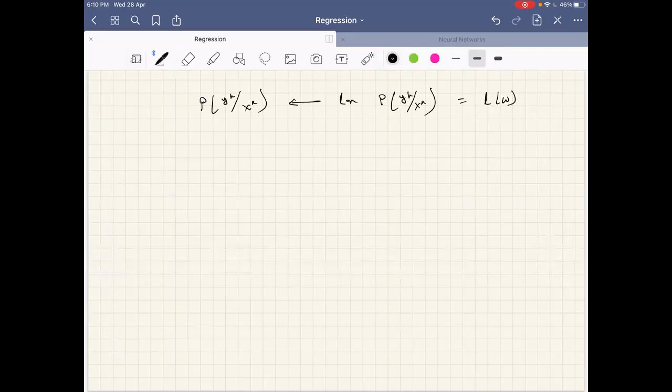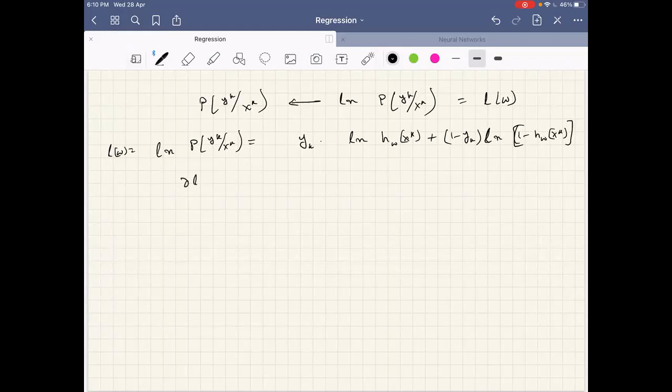So let us first write L of w, which is equal to ln of p of yk given xk, which when we expand becomes yk into ln of hw of xk plus 1 minus yk into ln of 1 minus hw of xk. So this function has to be optimized.